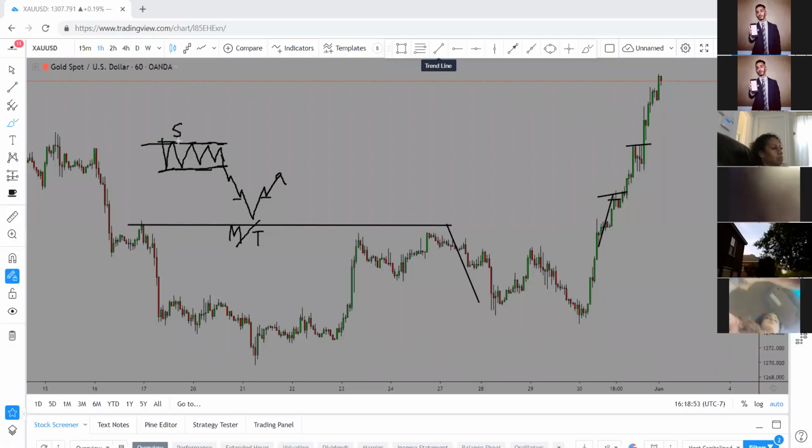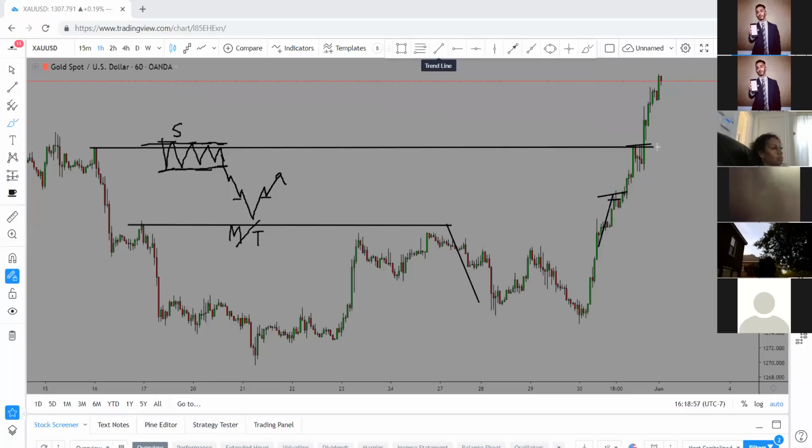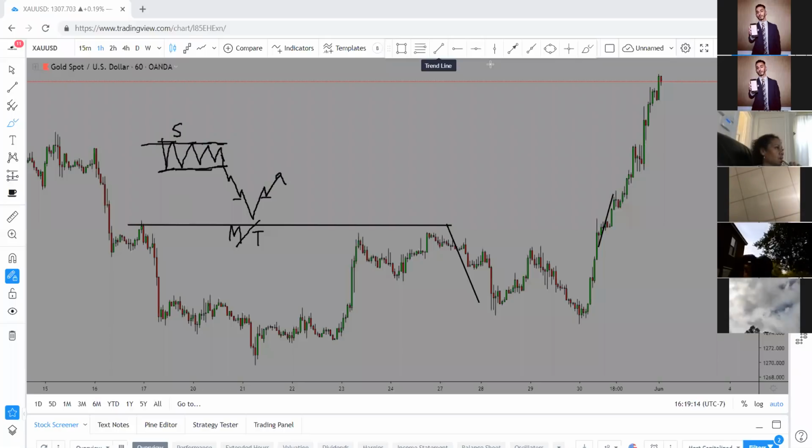See, if I look left, every time the market stalled, before it broke out, look how there's a retail resistance. That's what we call it, retail resistance, right? What's that mean? People would have said, okay, this is a resistance, sell it, right? But no, you got to understand the cycle of the market before you start to trade in any direction.